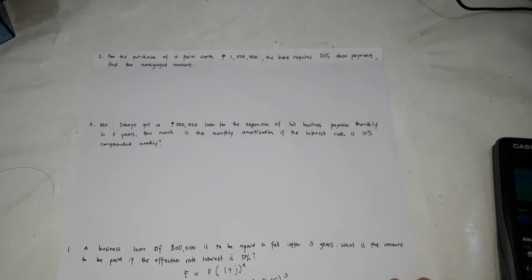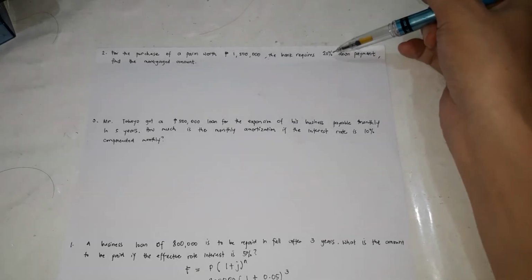The second problem is, for the purchase of a farm worth 1,500,000, the bank requires a 20% down payment. Find the mortgage amount. The mortgage amount is the amount left after paying the down payment.